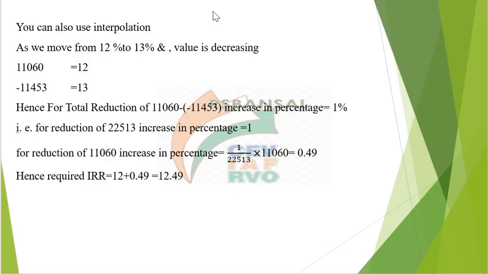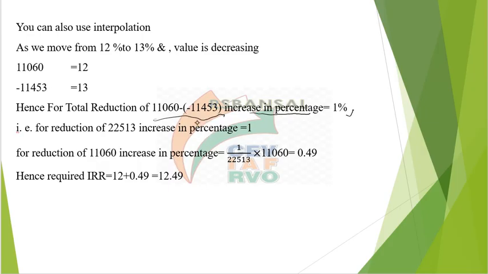You can do it with interpolation also, which you have been doing during your graduation. So value at 12% is 11060, value at 13% is minus 11453. So there is total reduction of 11060 plus 11453, that is 22,513, with the increase of 1%. So for a reduction of 22,513, percentage increase is 1.